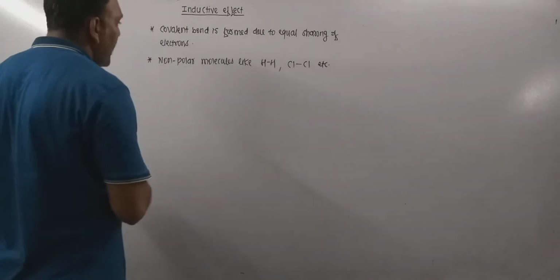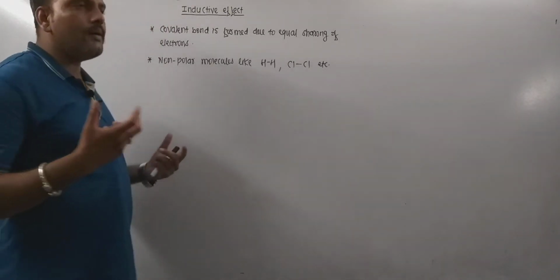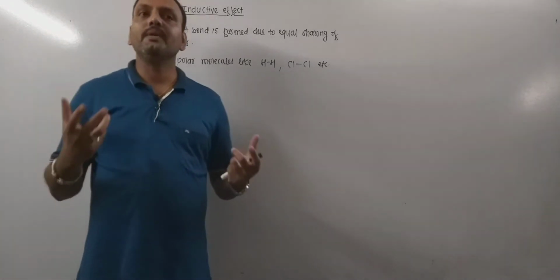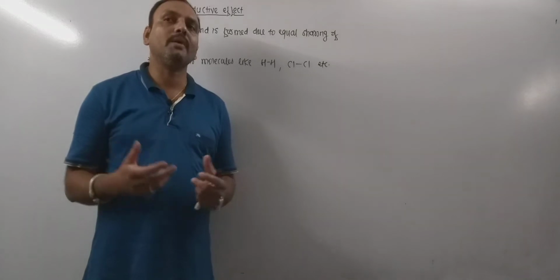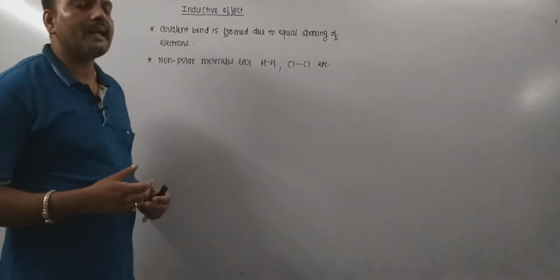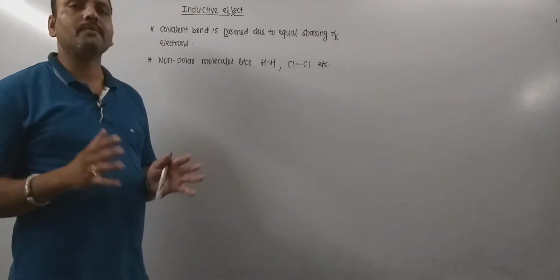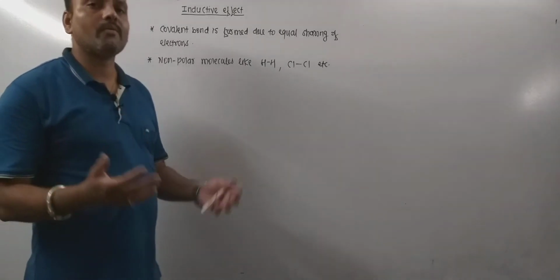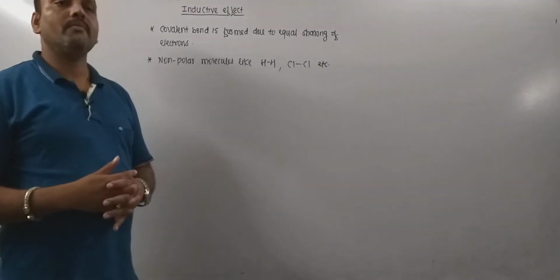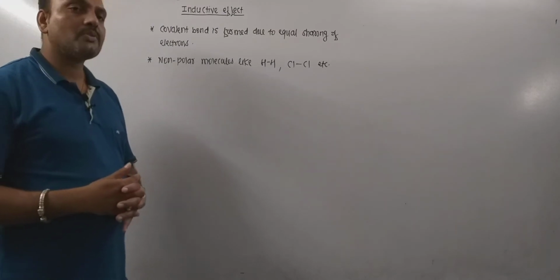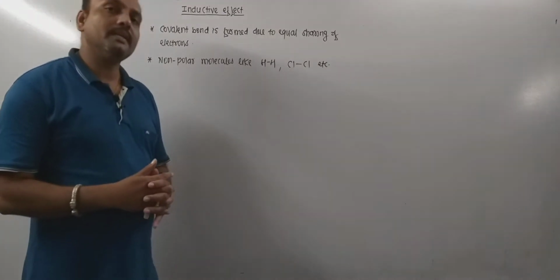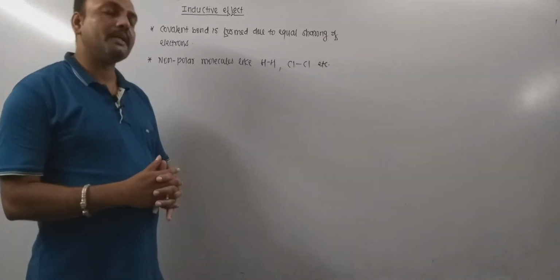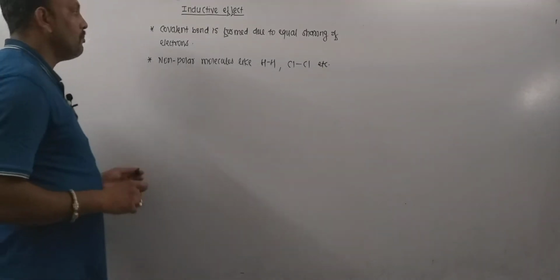Now on the other hand, polar molecules. Remember what a polar molecule is. A polar molecule is formed when electrons are shared between two different atoms, I mean atoms with different electronegativity values. When they share electrons within themselves, then the bond so formed is a polar bond, and the molecule is said to be a polar molecule.